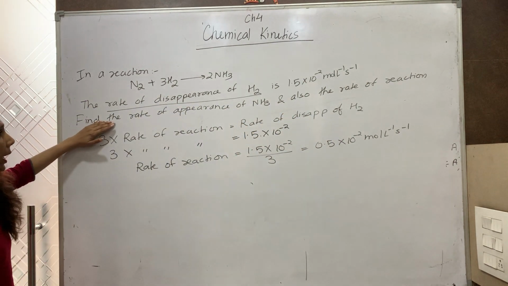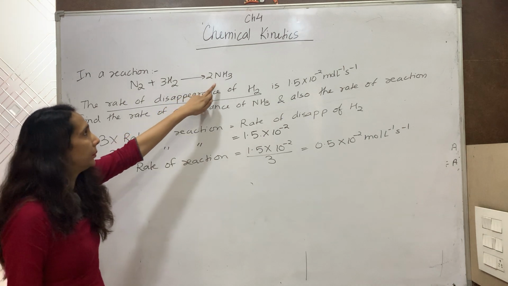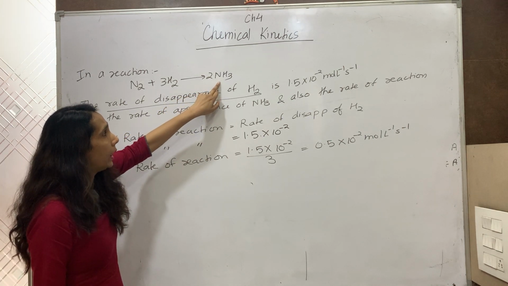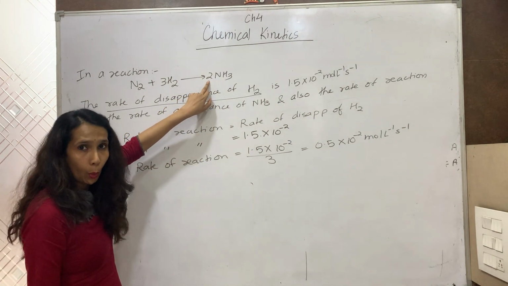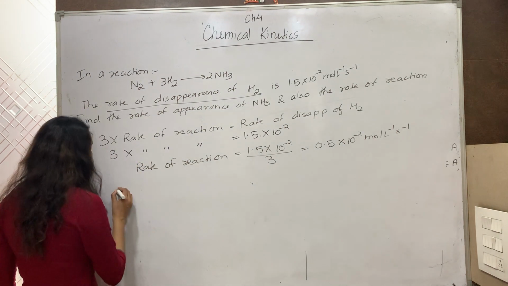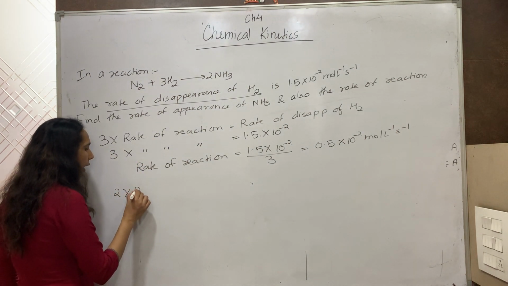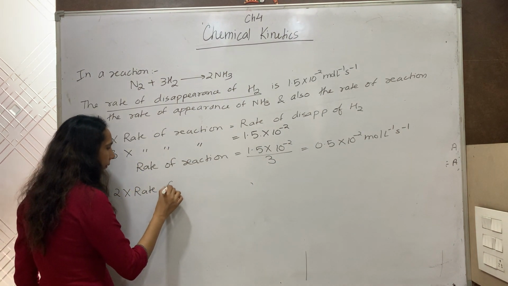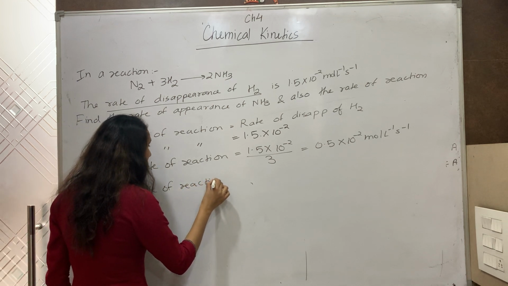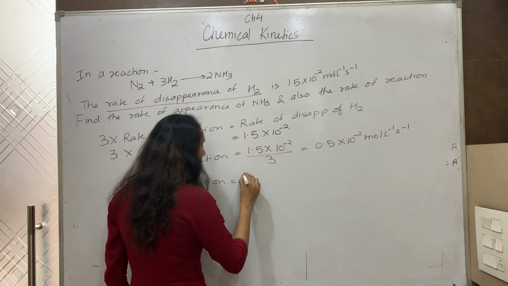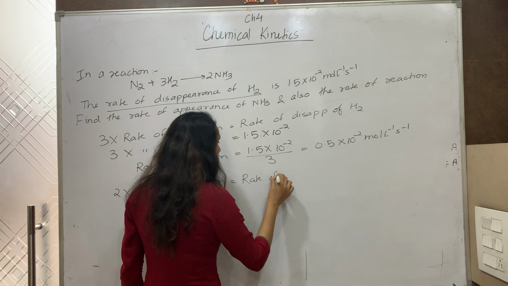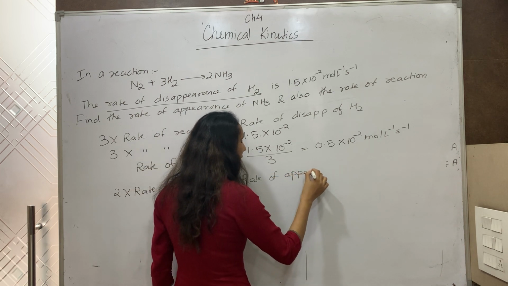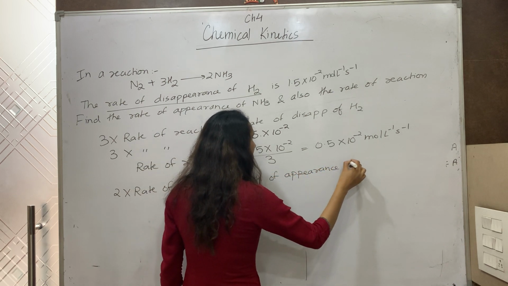Now I want to know the rate of appearance of ammonia. Now ammonia, the stoichiometric coefficient is 2. And we know the relationship: 2 multiplied by rate of reaction will be equal to rate of appearance of ammonia.